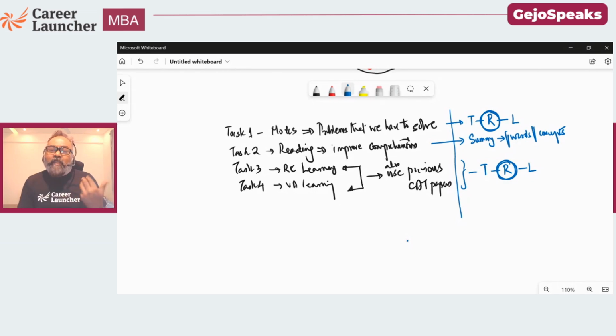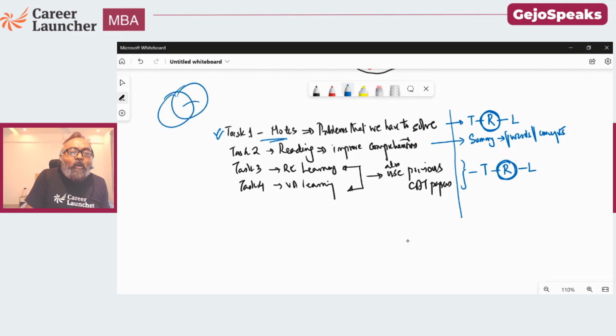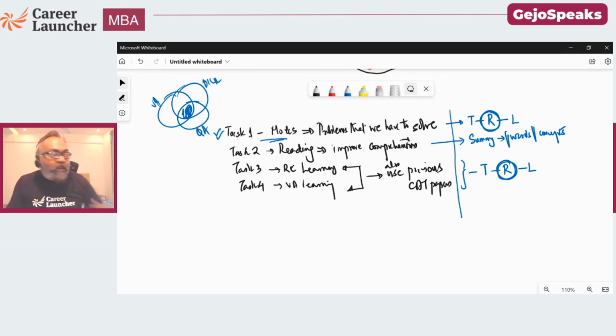Task 1 you're anyways doing, because it has an intersection with all the other 3 sections: VARC, DALR and QA. Your mock test is the intersection, because you're doing one and this takes care of all the other areas. Reading as an activity is going to improve comprehension.